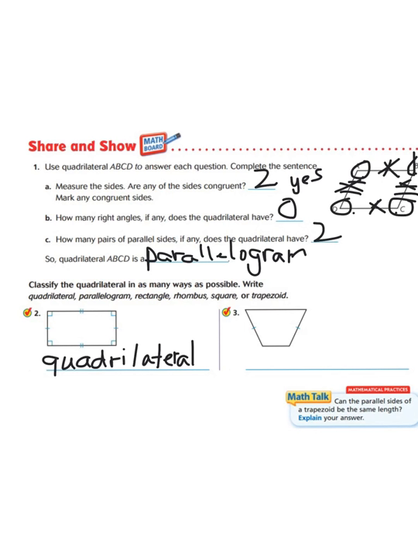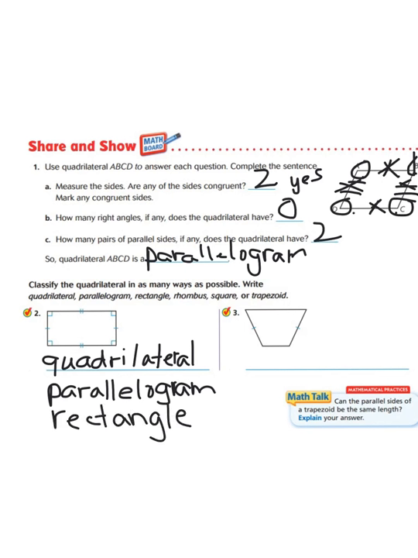We also know that it is a parallelogram because it has 2 sets of parallel sides. And we also know that it is a rectangle because this side and this side are the same length, and this side and this side are the same length, and it has 2 sets of perpendicular sides.